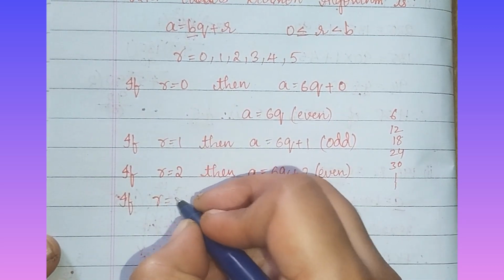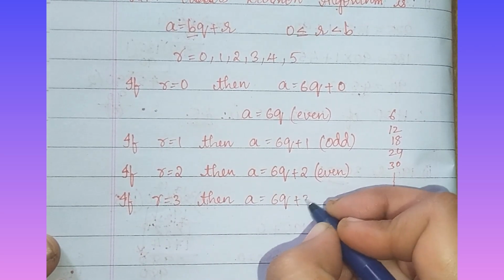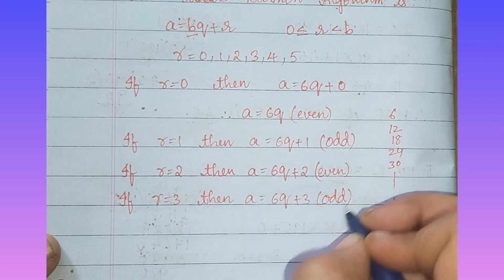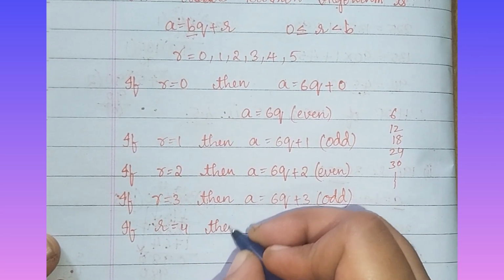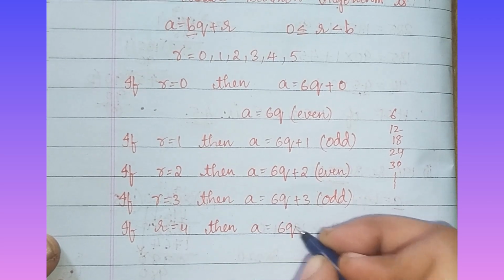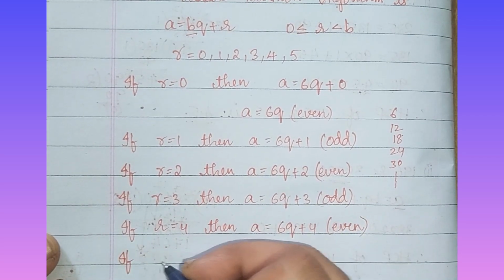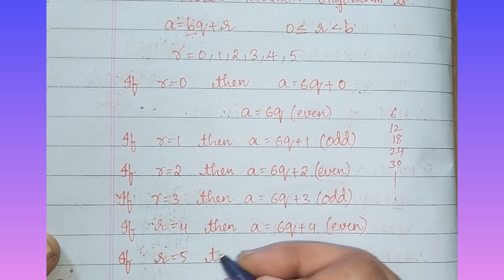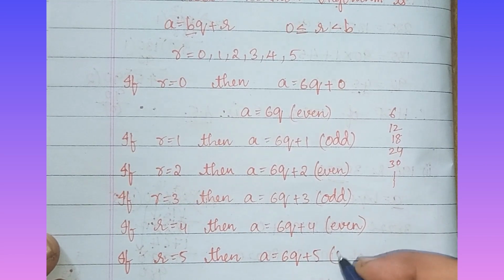If r is equal to 3, then a is equal to 6q plus 3. This is odd. If r is equal to 4, then a is equal to 6q plus 4. This is even. If r is equal to 5, then a is equal to 6q plus 5. This is odd.